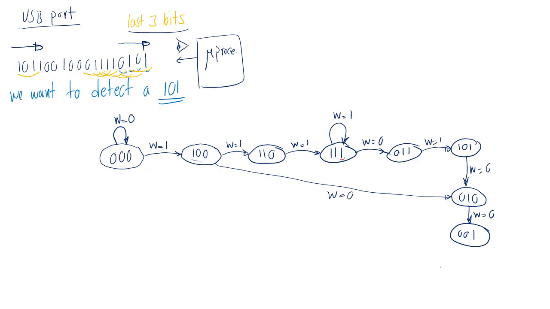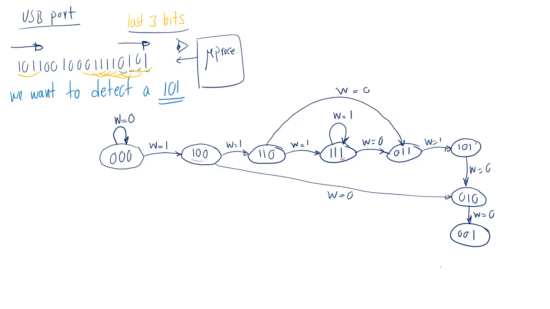Now for the third one, if W is 1, we know that we go to a 1, 1, 1, but if W is 0, we're going to go to a 0, 1, 1, right? So 0, 1, 1 is really here, if W is equal to 0.